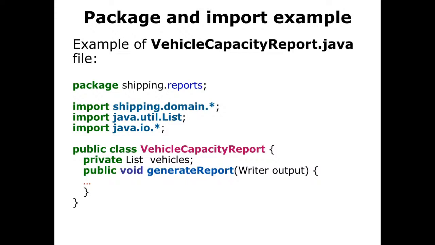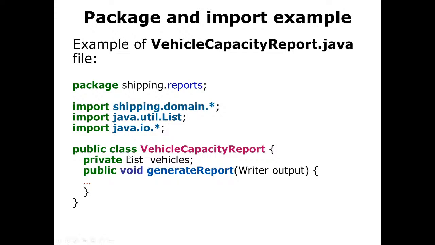Right, then there are the package and import keywords. If we write the package name on top of the class, it shows us the package the class is located in.